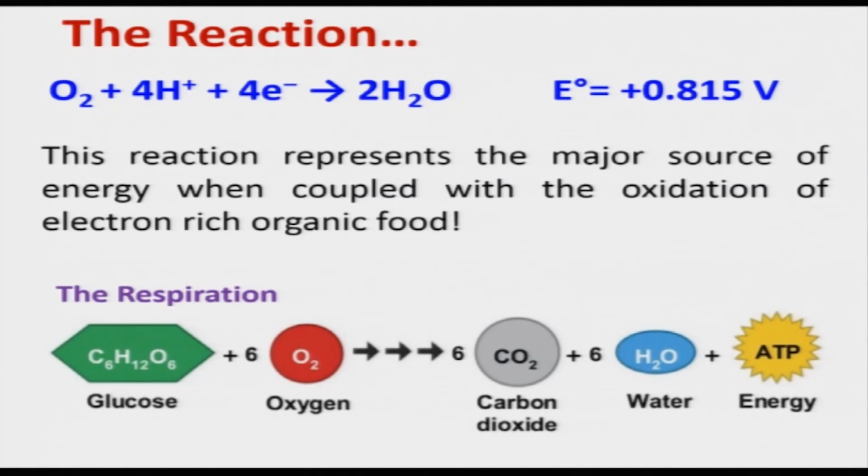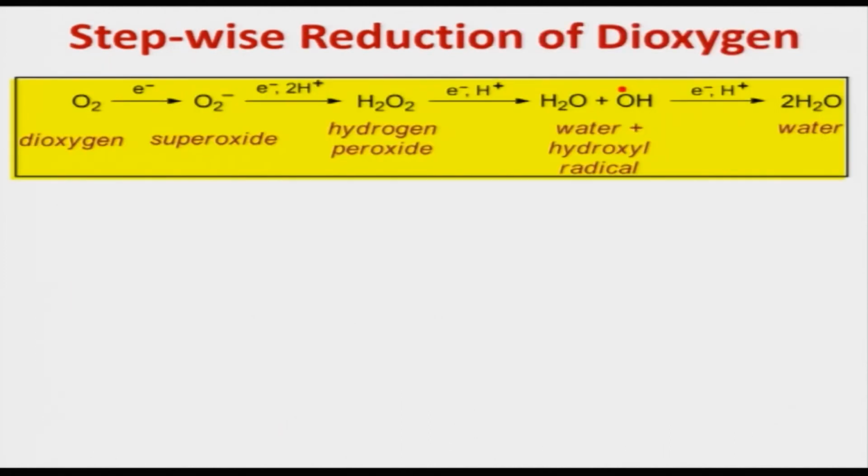In respiration, as I have discussed, glucose and 6 molecules of dioxygen lead to 6 molecules of carbon dioxide and 6 molecules of water, and release a huge amount of energy which we use in our day to day activity. If the reduction takes place in a stepwise fashion, then dioxygen would produce superoxide, peroxide and hydroxyl radical.